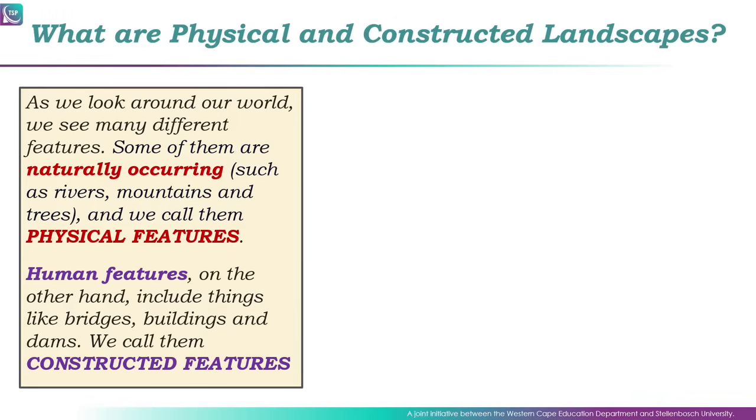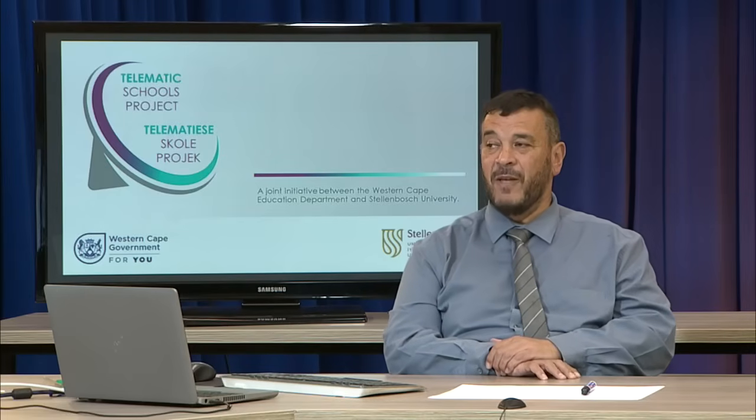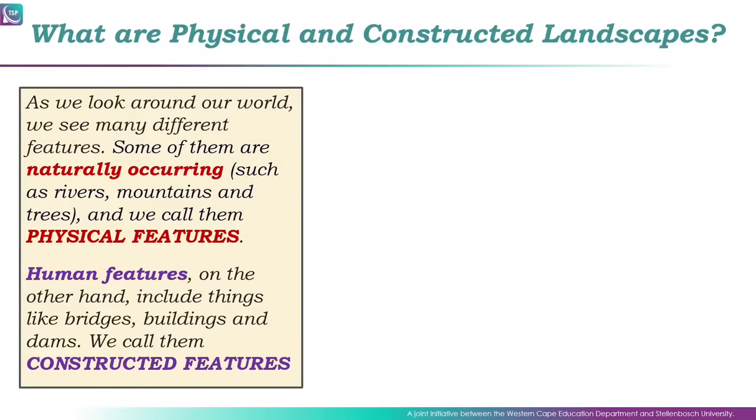So in geography, whenever you are asked about physical features, these are the features that we refer to. Then we have the human-made features, such as bridges, buildings, roads, dams, power lines, etc. These we refer to as constructed features.